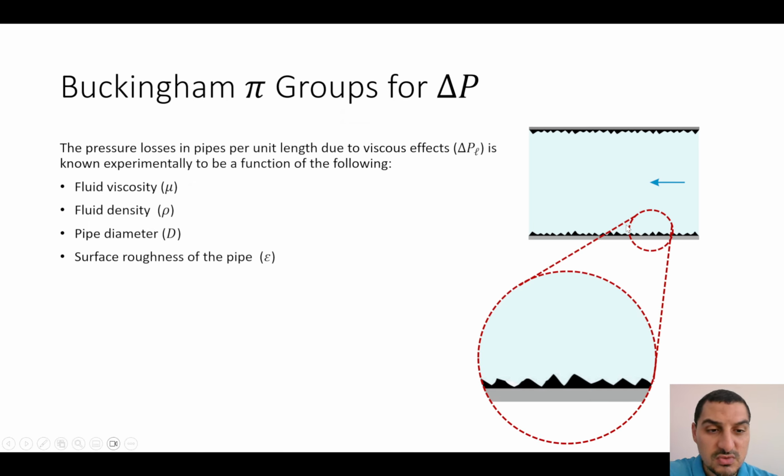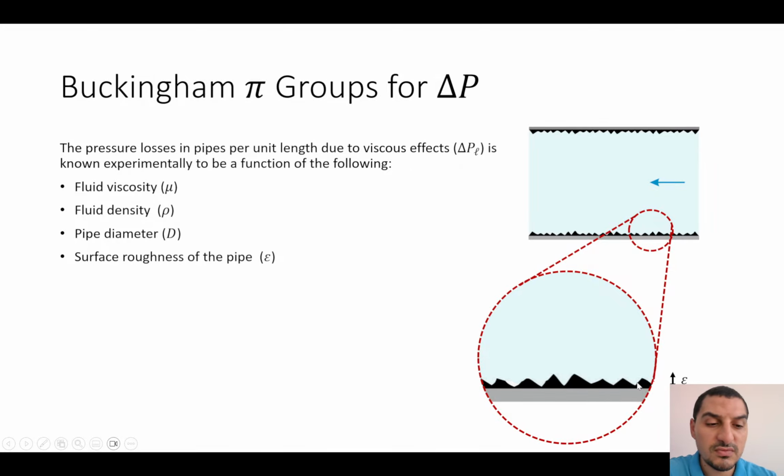No matter how smooth the inner surface of the pipe is, if we zoom in closely to the surface, you'll see that there are some irregularities. It's not a perfectly smooth surface. The average height of these irregularities is what we call epsilon, or the surface roughness. So it's the average length. This also affects the pressure drop.